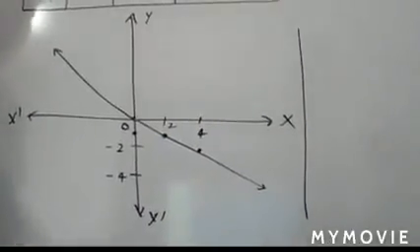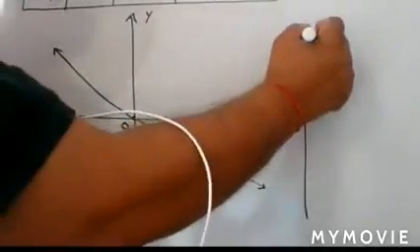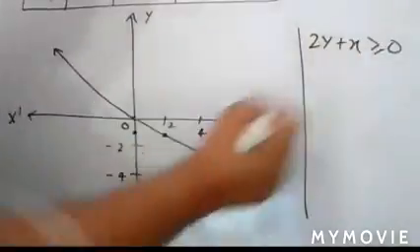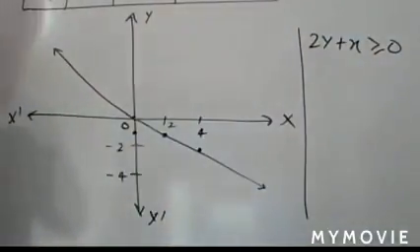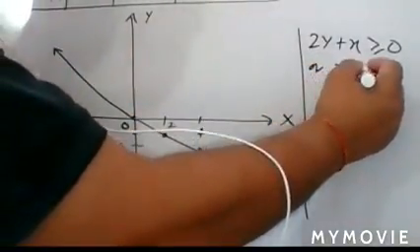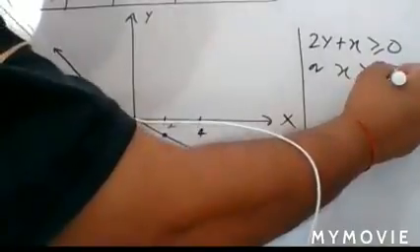Here you have your equation 2y plus x greater or equal to 0. In this way, your inequation is given. Understand? Now, the value of x is greater or equal to minus 2y.